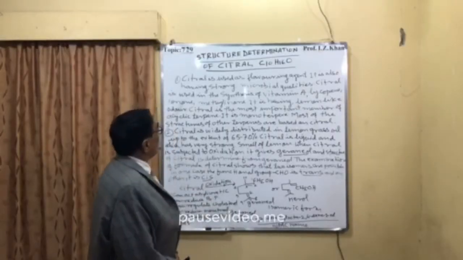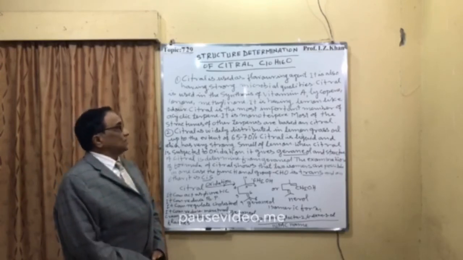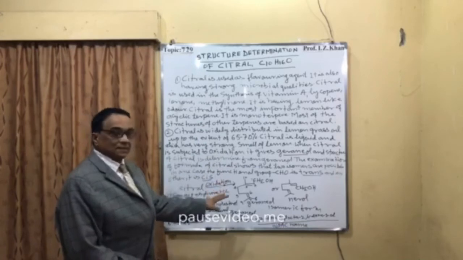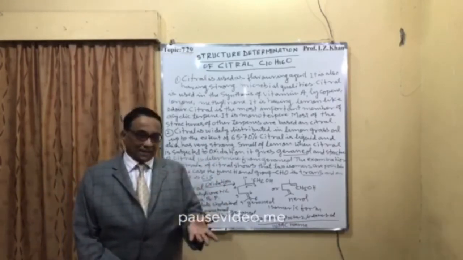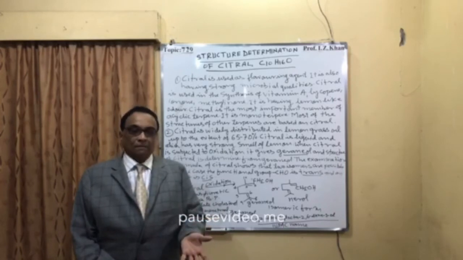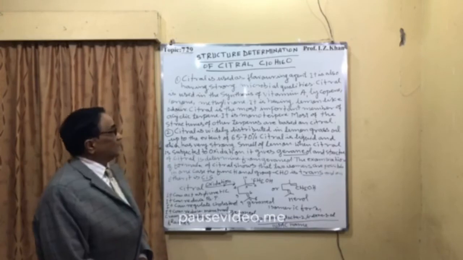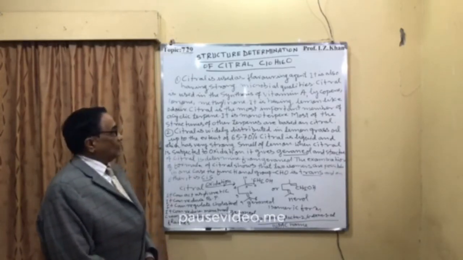So here, number 1 point, citral is used as a flavoring agent. I have already told all these things, and I am just writing here for students who are interested, so they can copy down and make their notes. So, flavoring agent, and it also has strong microbial qualities.